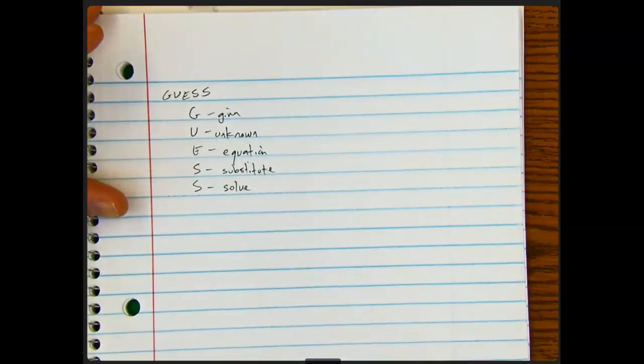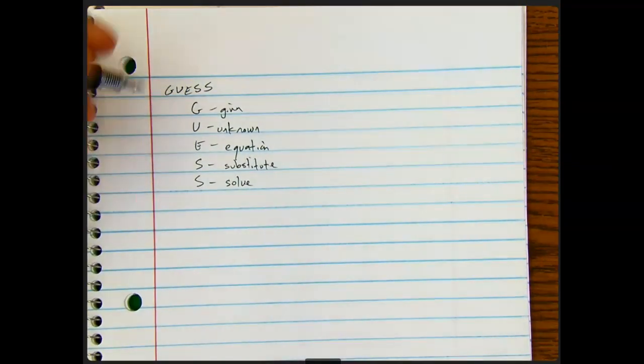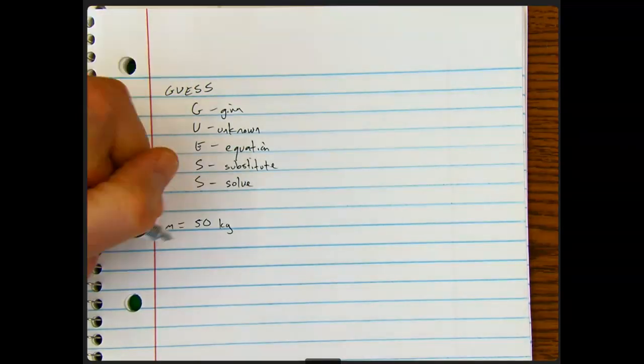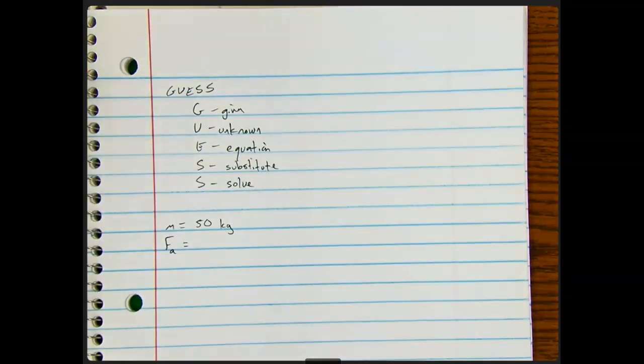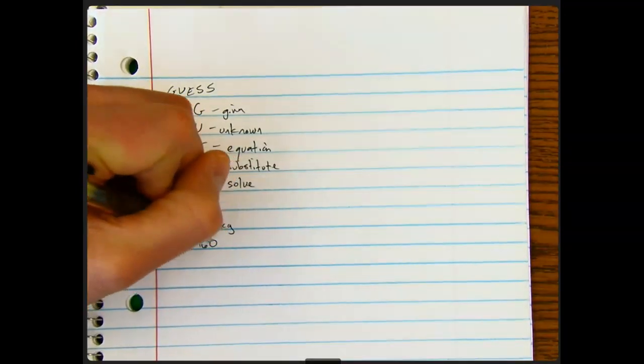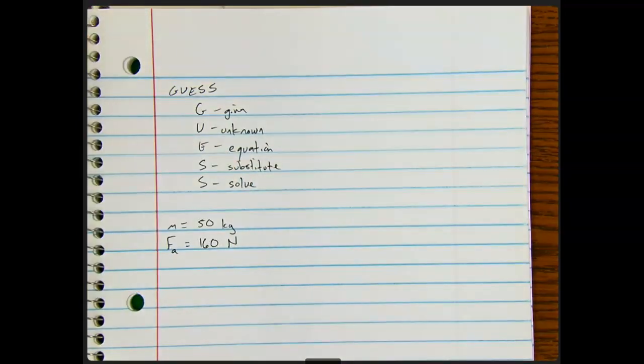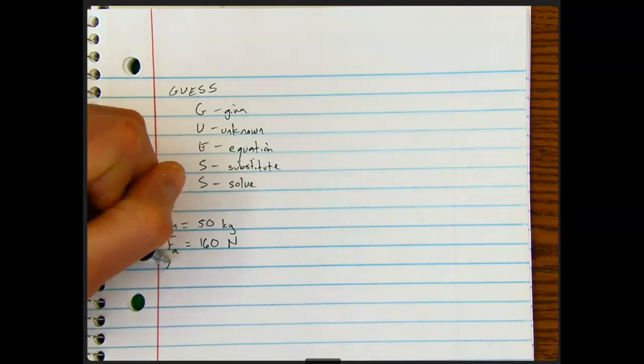All right, so let's talk about the numbers that I was given. I was given a mass of 50 kilograms. I was given an applied force, I'll call that FA. My applied force was 160 newtons. I know my coefficient of friction is 0.3.